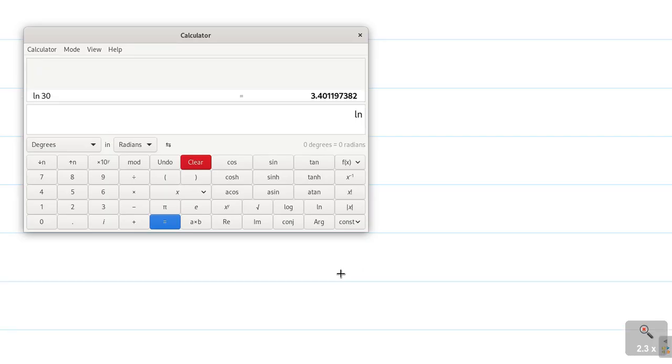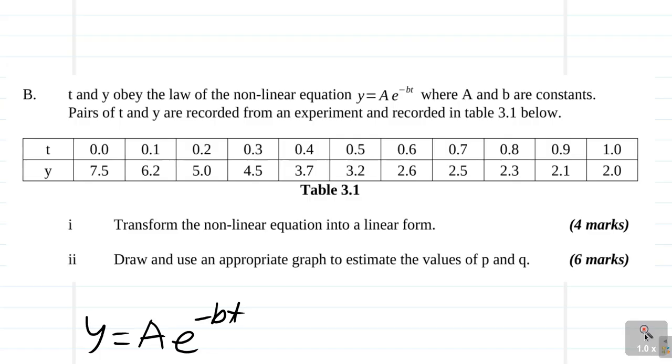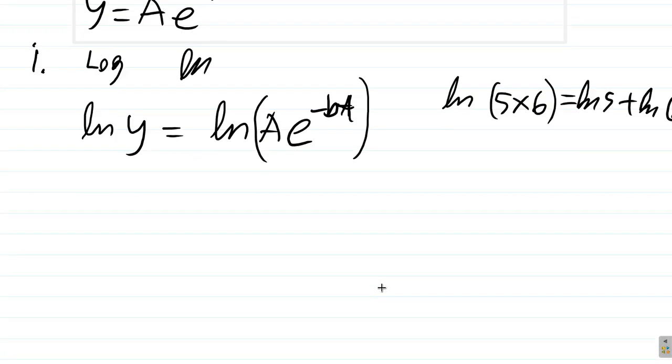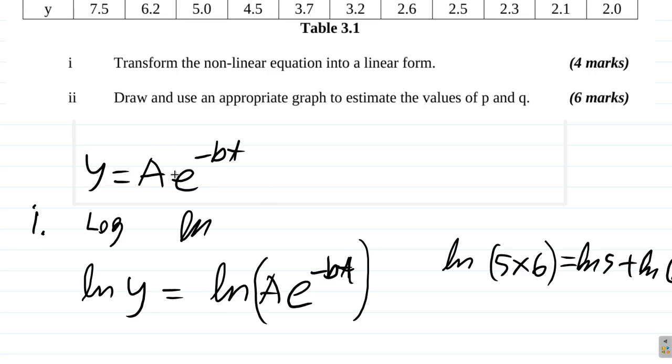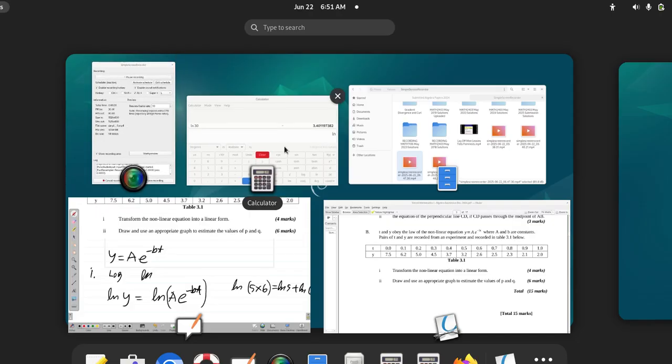Let me see if I can fix this thing. Oh boy. Sometimes these technologies give you a problem. Alright, I unplug it and plug it back in. Let's hope that it doesn't give me any more problems.